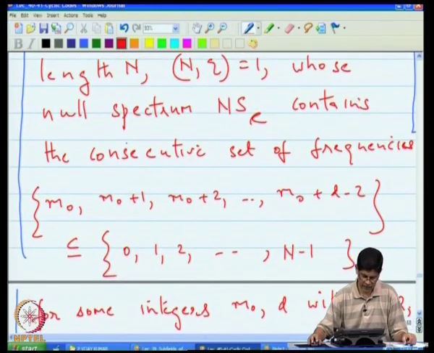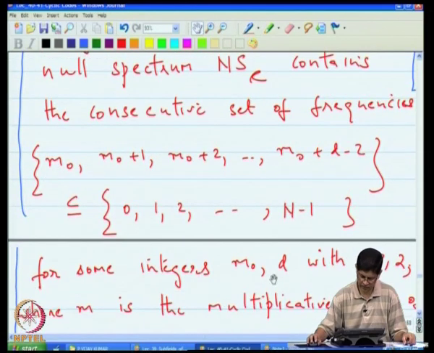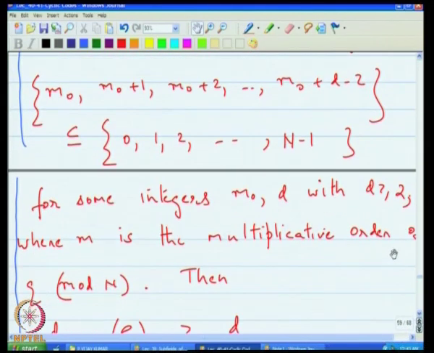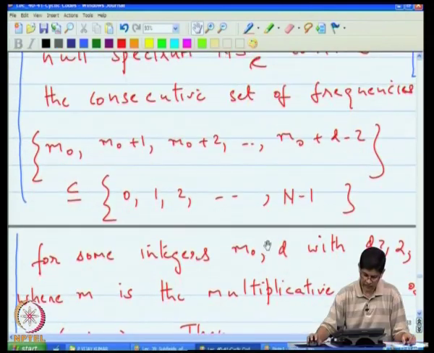And here there is freedom in choosing m0. So, m0 is some integer and d is also an integer which is greater than or equal to 2.